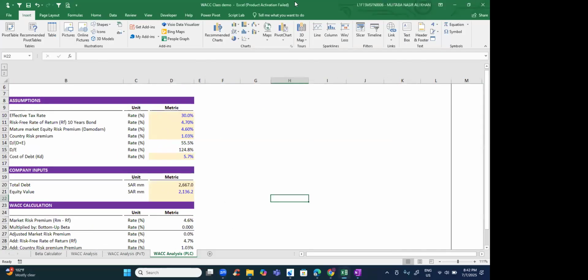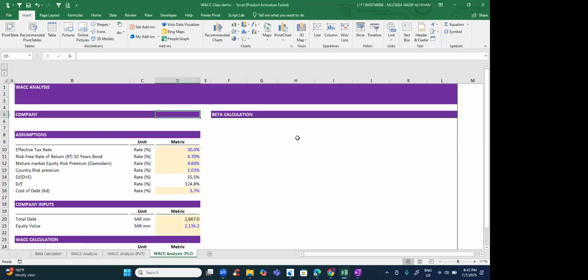First of all, we will consider a publicly listed company. This is the built-in sheet. When you put in data, it will give you the answer.